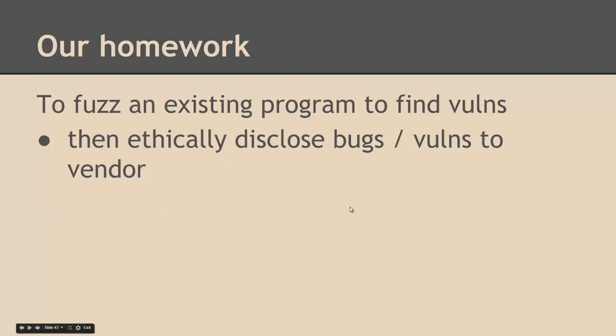So, homework 5 of this class is probably better called Project 5, the only project, worth 10% of the grade or so, and the goal is to fuzz an existing program to find a zero-day vulnerability and to ethically disclose the bug to the vendor.